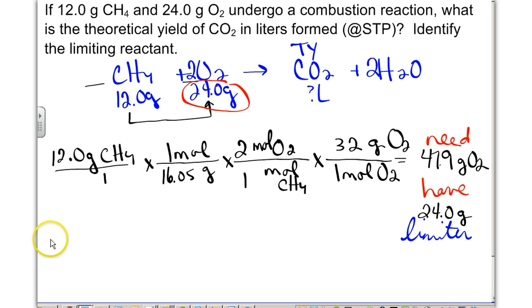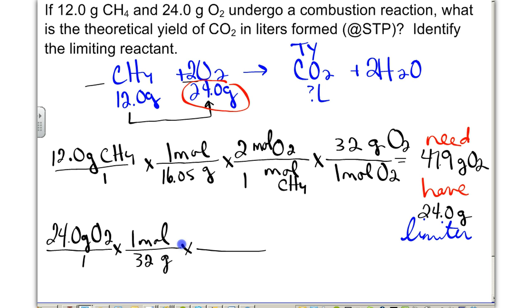So we'll put 24.0 grams of oxygen over 1, times, draw a line, bring down the grams. We're going to go from grams to moles, 32 for oxygen. Bring down moles, and this is where we'll do our stoichiometry, and we're going to stoich from moles of oxygen to moles of carbon monoxide. The ratio is a 2 to 1 ratio.